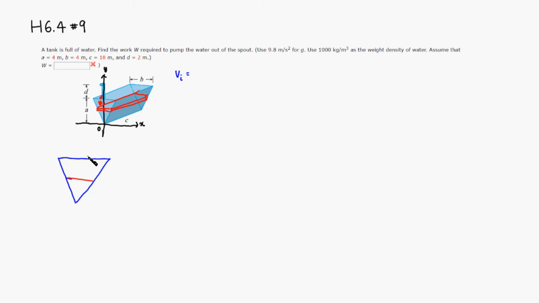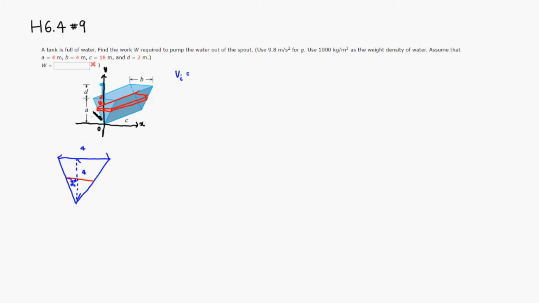And here the height is at y i star. The height a in this case is 4, so from here to there would be 4, and b is also 4, so this is 4.